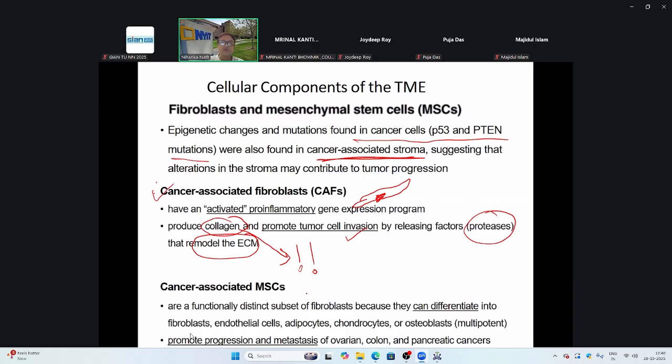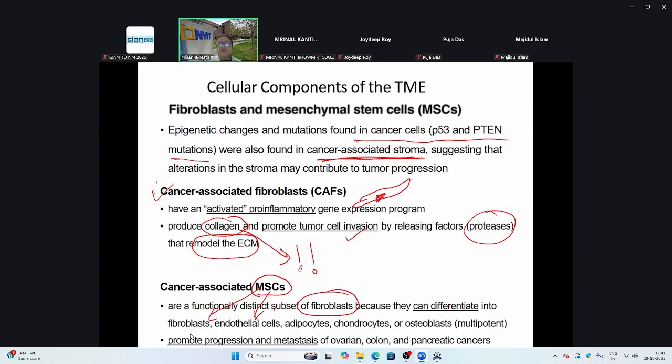And cancer associated mesenchymal stem cells. Okay, so these are a subset of these fibroblasts. Fibroblasts, again, they are connective tissue. And because it's mesenchymal stem cells, they can become anything they want to. They can become fibroblasts, they can become endothelial cells.